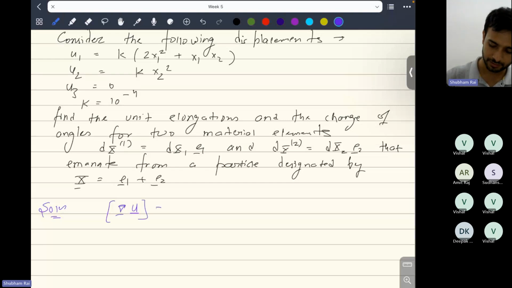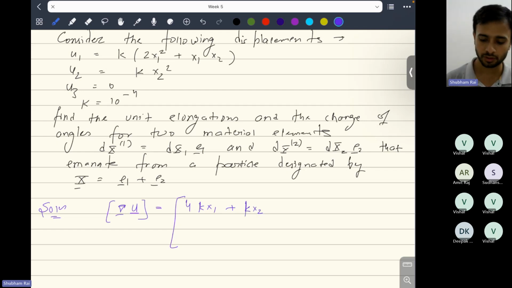Its components will be given by: the first component is del u1 by del x1. If you differentiate, that is given by 2k x1, right, plus, I'm sorry, I think this will be 4k x1, yeah, plus k times x2.